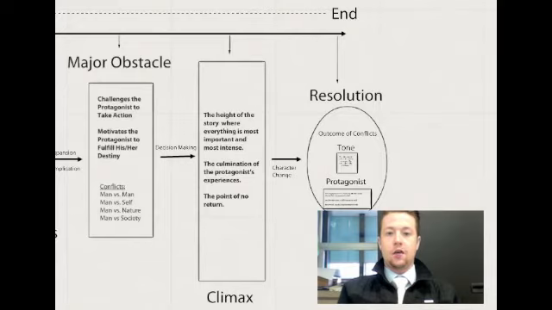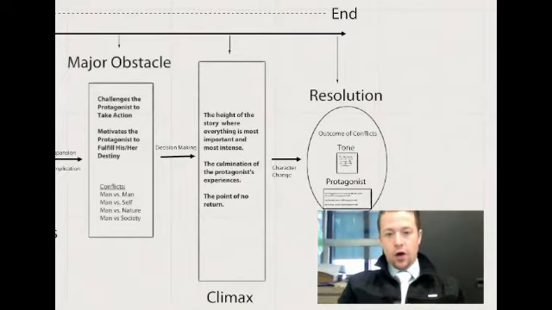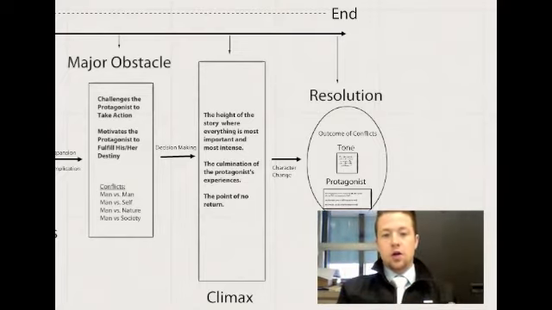The second half of the linear narrative is comprised of a major obstacle, sometimes it's more than one, the climax, the turning point of the story, and the story's resolution, where everything kind of comes to an end. Each of these is very important because they cause the protagonist to change.